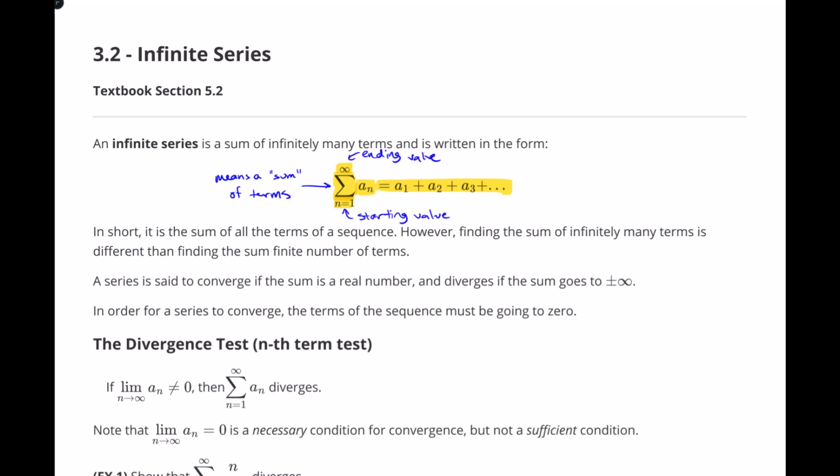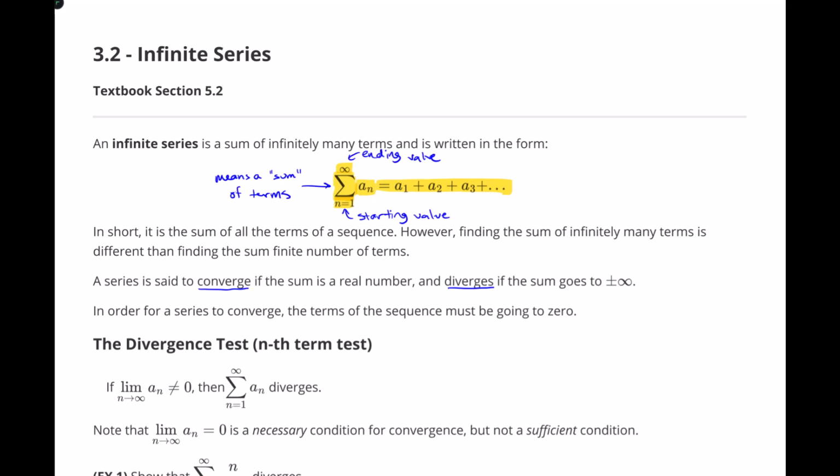And we're going to look at the conditions as to when that can occur. So most of the time we'll be dealing with whether a series converges or diverges. All right, and it converges if the sum happens to be a real number, and it diverges if that sum goes to positive or negative infinity.